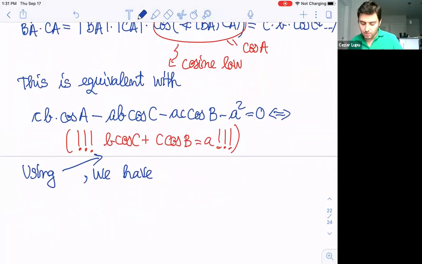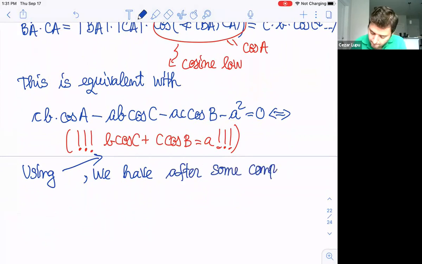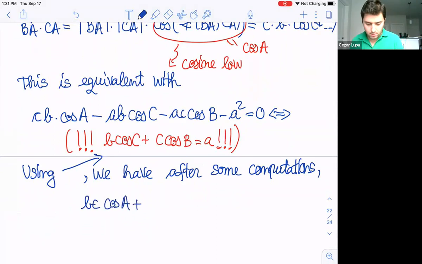So A is that, oh my. Anyway, at some point you'll have after some computations, I think I've done some computations here. All right, so this would be something like this. So it's BC cosine of A plus, actually minus, sorry, A squared minus B squared equals 0.